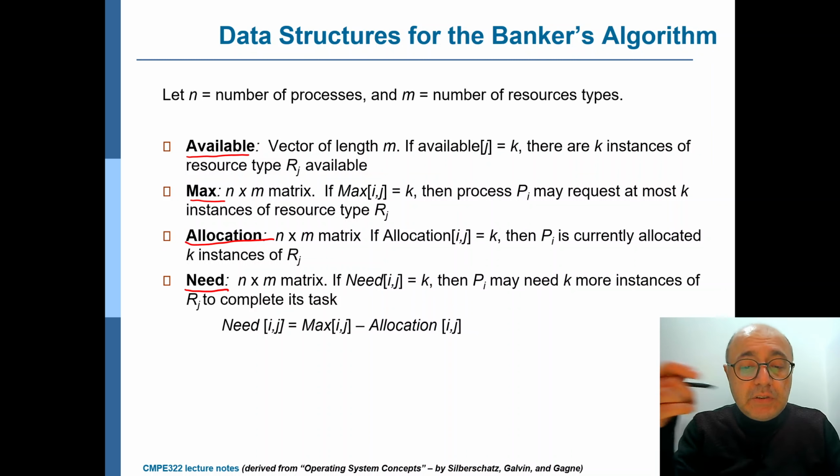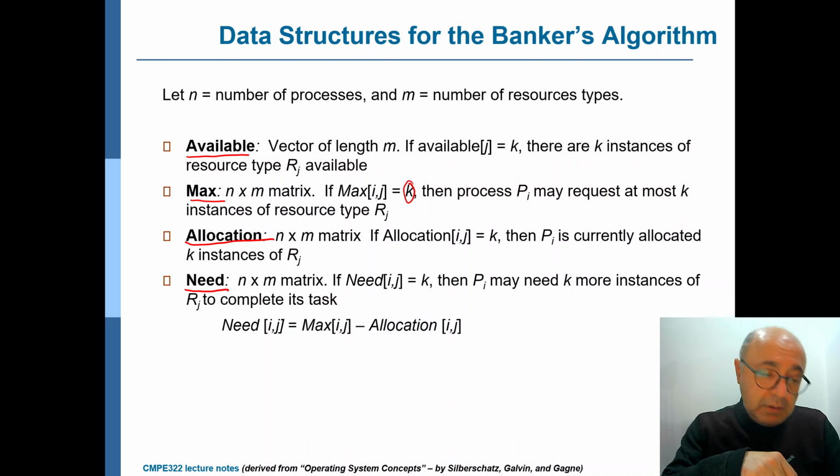So for each resource type, this process might at most request this much, for some other type at most this much. But note that this specific value k here includes both the resources that have already been assigned to process Pi, and also the ones Pi may later request. So that's the maximum that might happen.